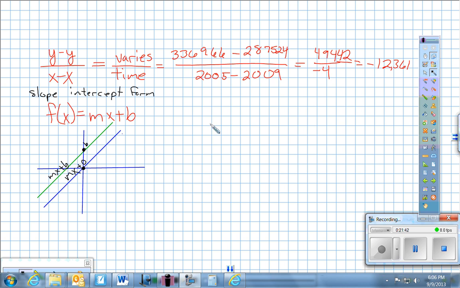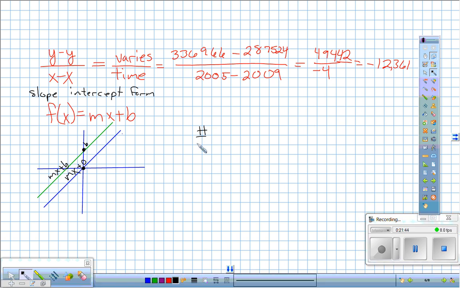Remember on a few of the questions, if you have a number over 0, that is undefined for your slope. And if you have 0 over a number when you find your change in y's over change in x's, that is just 0. Don't get those confused.